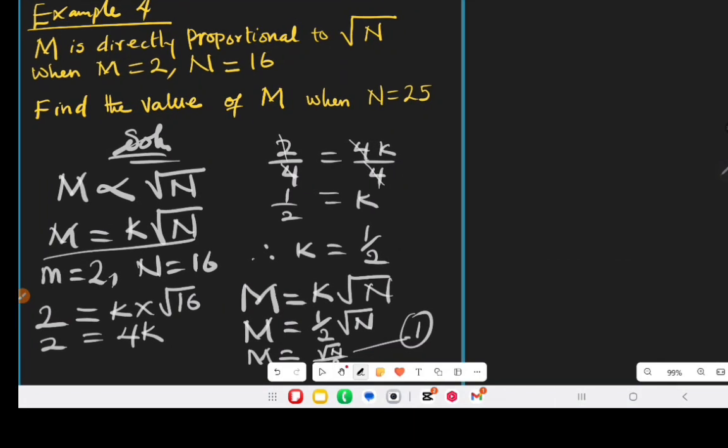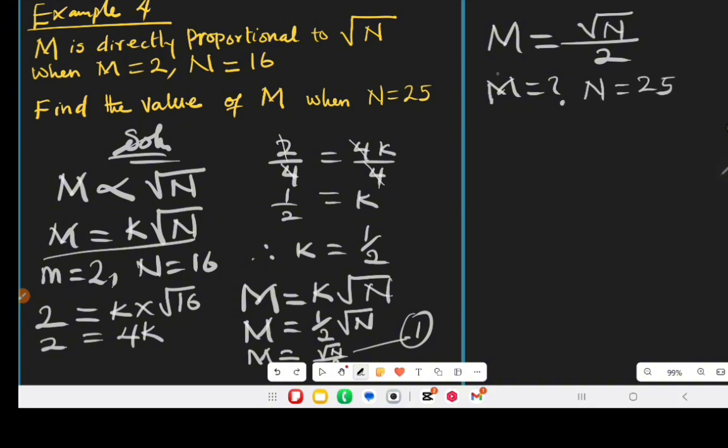So from the formula we derived, the equation connecting both, we have m is equal to root of n all over 2. Now find the value of m when n is 25. M is not given and n is equal to 25.